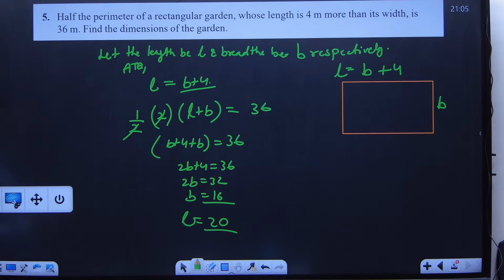Understood? One minute, I'm seeing. Please note it down. Don't just look at it. Please write it down. The question also says half the perimeter. Yes.